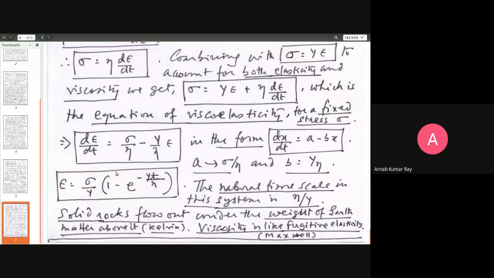Now, this formula, sigma is equal to y epsilon plus eta d dt of epsilon, was used by Kelvin. Kelvin, as in the person after whom the absolute temperature scale is named, used it for the geological problem of solid rocks flowing out under the weight of earth matter above it.